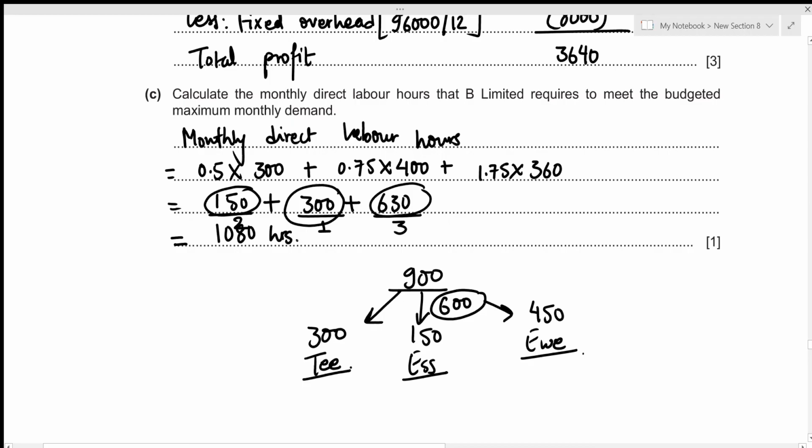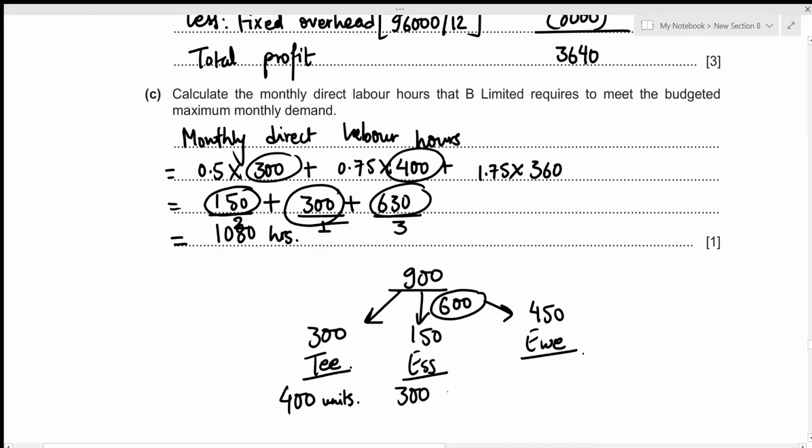So like we figured out before, we needed 300 hours of direct labor in order to produce 400 units of product T. So we can still produce 400 units because we are allocating 300 direct labor hours. For S, we needed 150 hours in order to produce 300 units. And since we're allocating 150 hours to S, under this limited direct labor hours, we can easily produce 300 units.